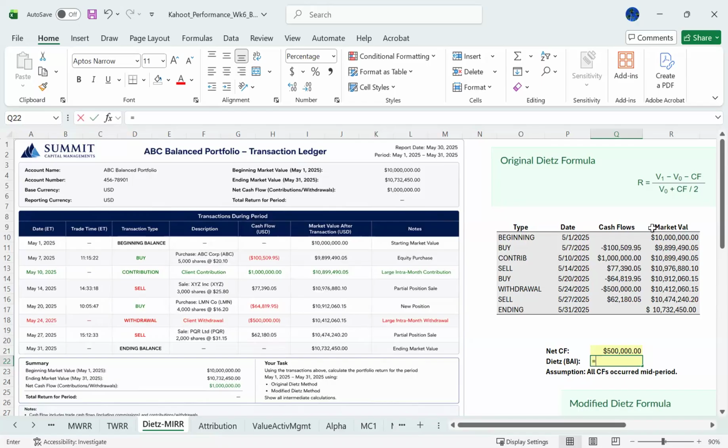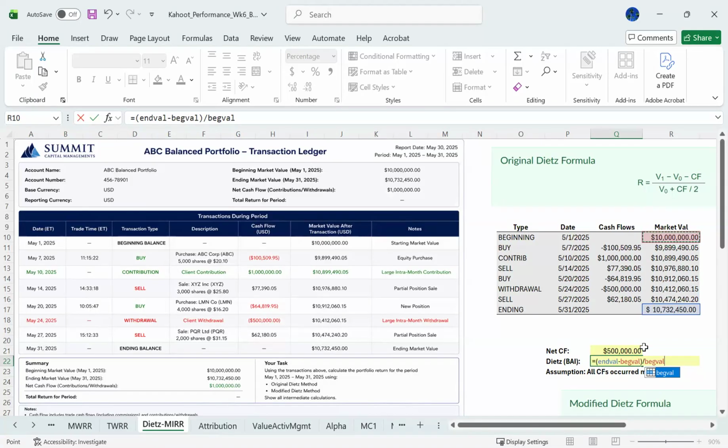Now, what we're going to do is let's look at the expanded formula of the return that we can estimate based on these transactions. If we simply look at the ending value, and I have given this a name, we subtract the beginning value and we divide by the beginning value, then that is simply giving us in the numerator how much was the capital gain or how much is the profits.